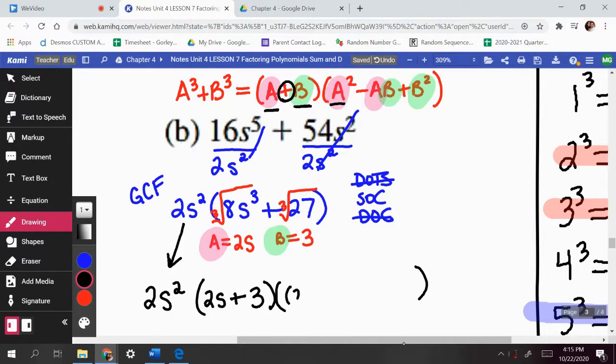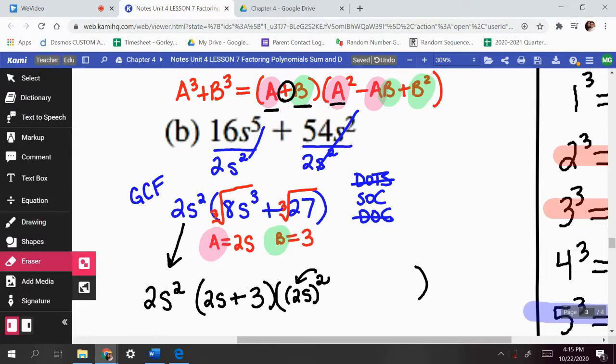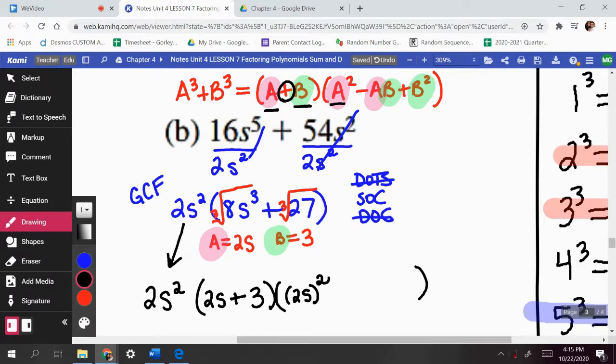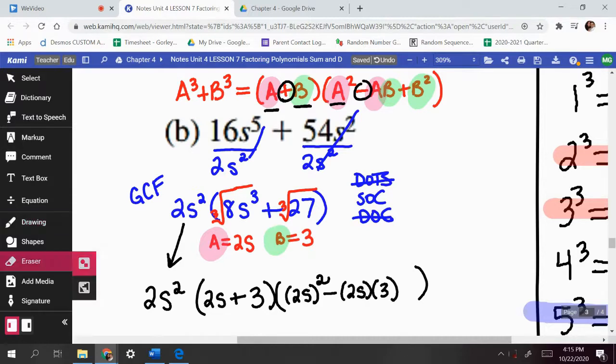So I'm going to write 2s squared. Make sure you put parentheses. Okay, if you don't put parentheses around it, you won't remember to square the 2. Okay, so make sure you got those parentheses. All right, minus comes next. AB, A was 2s, B was 3. I might need a little bit more room.